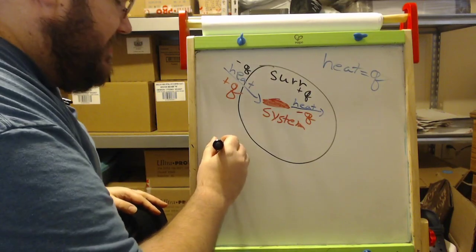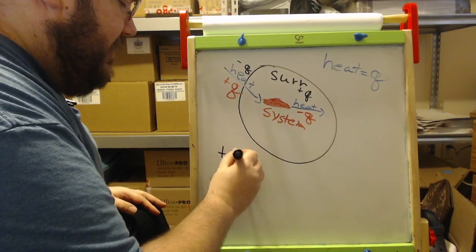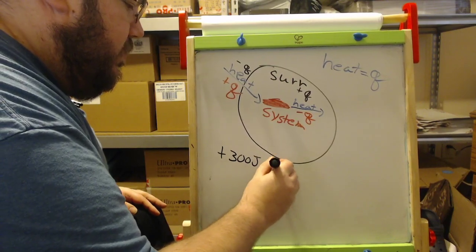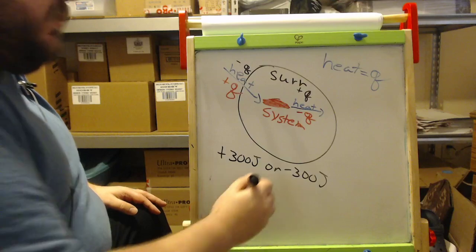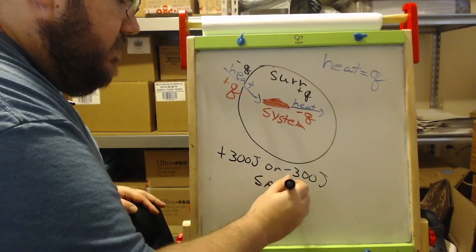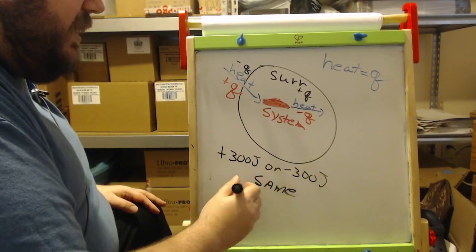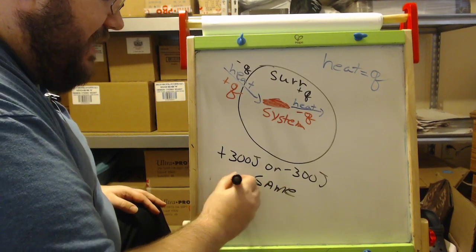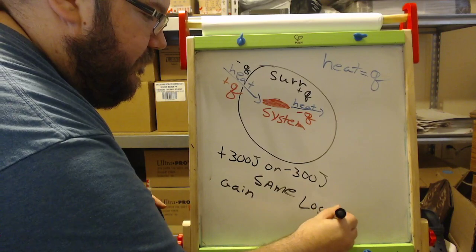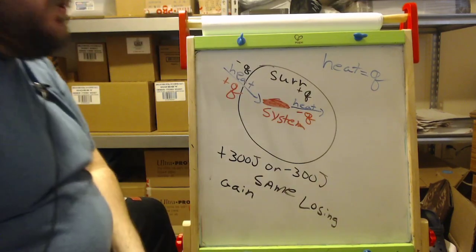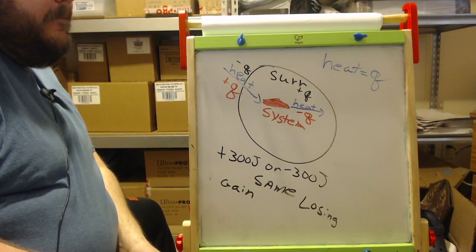So if you were asked what is greater, a positive 300 joules or a negative 300 joules, they're the same. They're the same amount of energy. It just means that this one is gained by the system and this one is lost by the system. Okay.